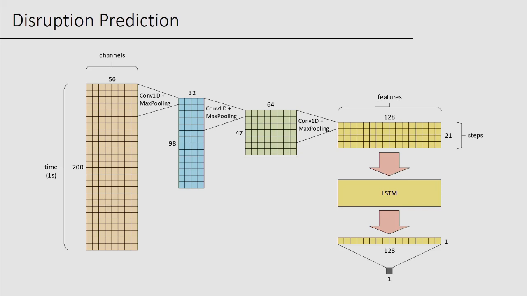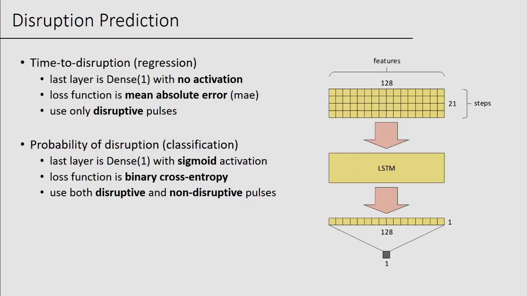The question now is, what are we actually trying to predict? There are fundamentally two ways to come up with a disruption prediction, and other authors have already tried these kinds of predictions. So you can either try to predict the time to disruption.